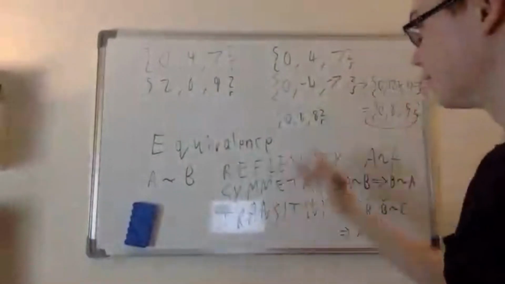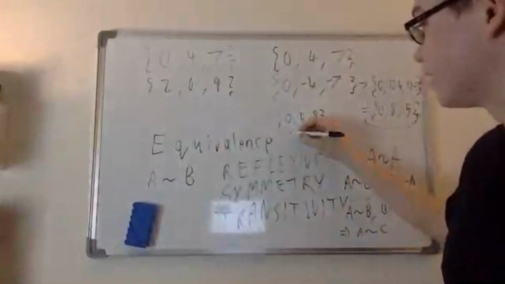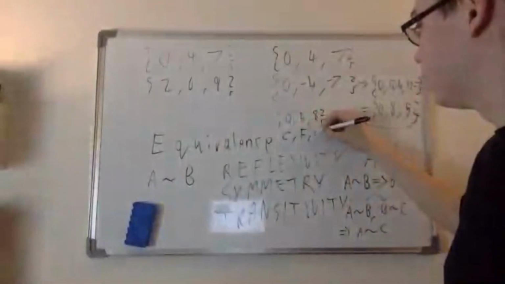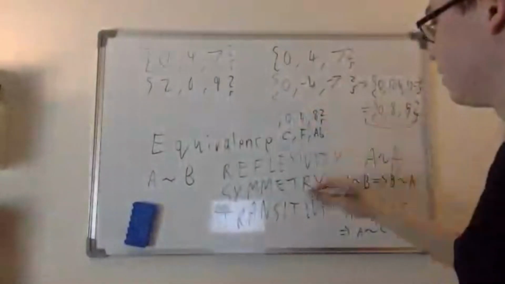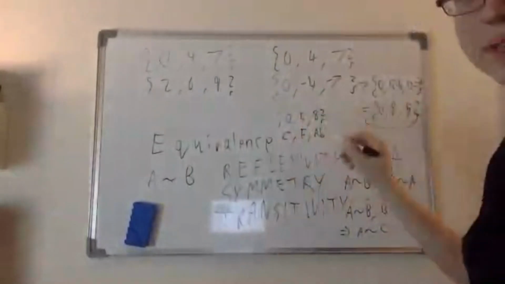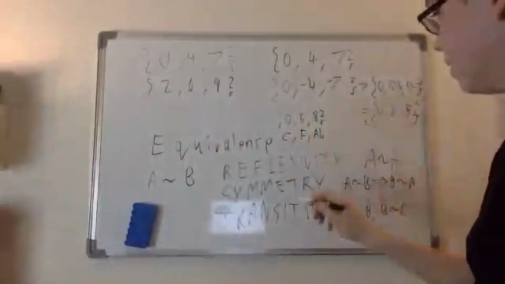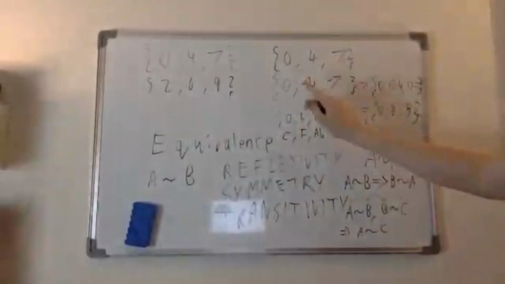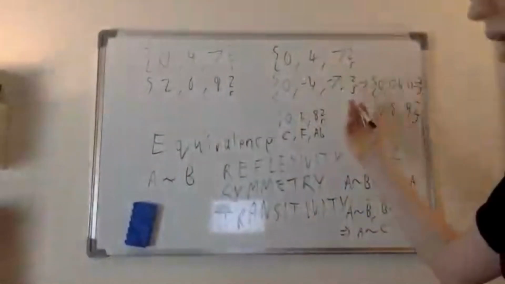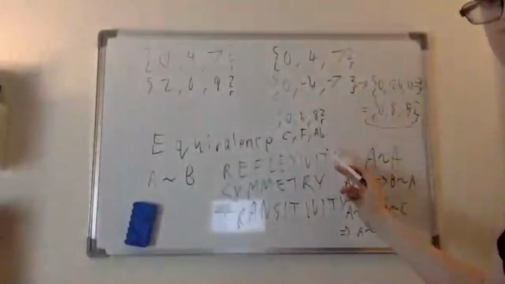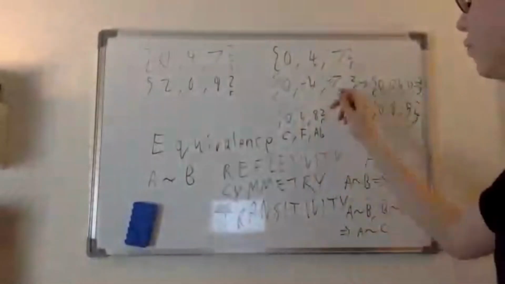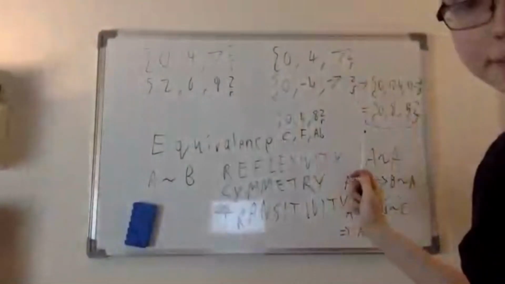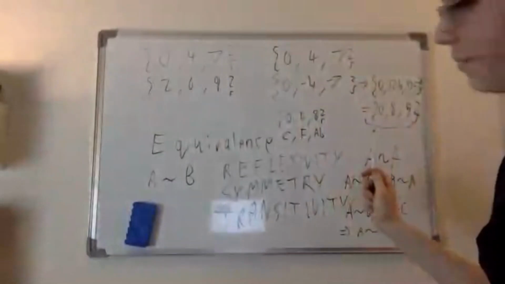If I convert this into normal note letter names, 0 is C, 5 is F, 8 is A flat. So the inverse of a C major triad, when defined this way, just putting a minus in front of it, is an F minor triad. So we can say that these two triads are inversionally equivalent to each other. Does that make sense?